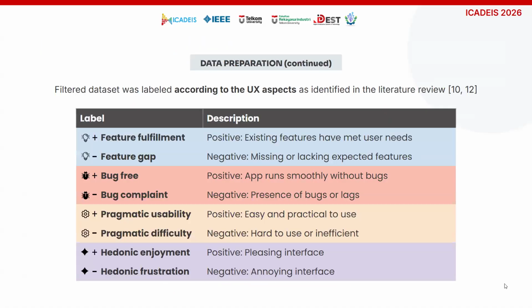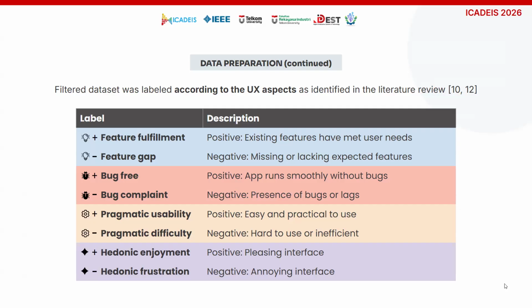The filtered data is then labeled according to the UX aspects identified in the literature review. So we have four aspects here: feature, bug, pragmatic UX, and hedonic UX. Each of these aspects is then grouped into positive quality and negative quality. For example, we have feature fulfillment, which talks about the app's features being convenient, but on the other side, we also have feature gap, which talks about the application lacking expected features.